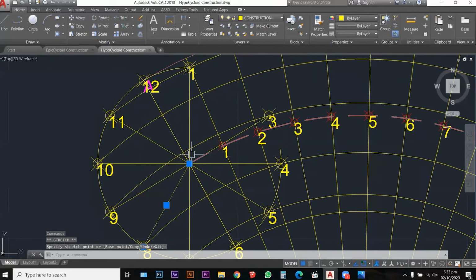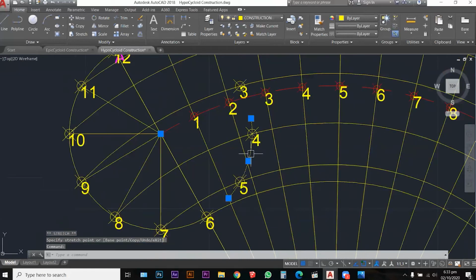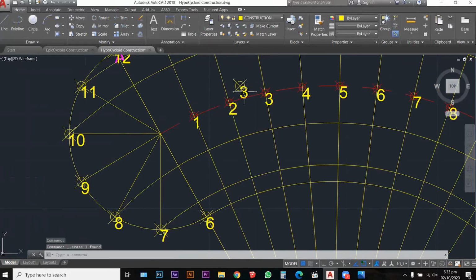I'm going to pull these points back to the axis. I'm just doing this so that no one gets confused and you can see things clearly, because there are many lines on the screen. I wouldn't want to confuse anyone.